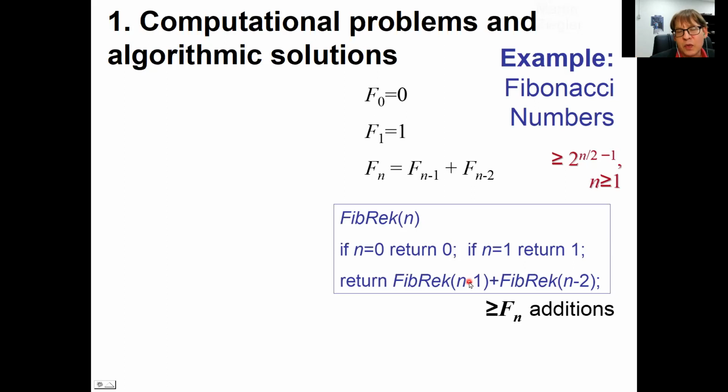When n is equal to 4, f2 is calculated here, and here f3 is calculated, which in turn involves a call to f2. So f2 is calculated twice. And if you really unroll this, you see that particularly the low Fibonacci numbers f2, f3, f4, and so on are recalculated exponentially often, which doesn't seem very reasonable.